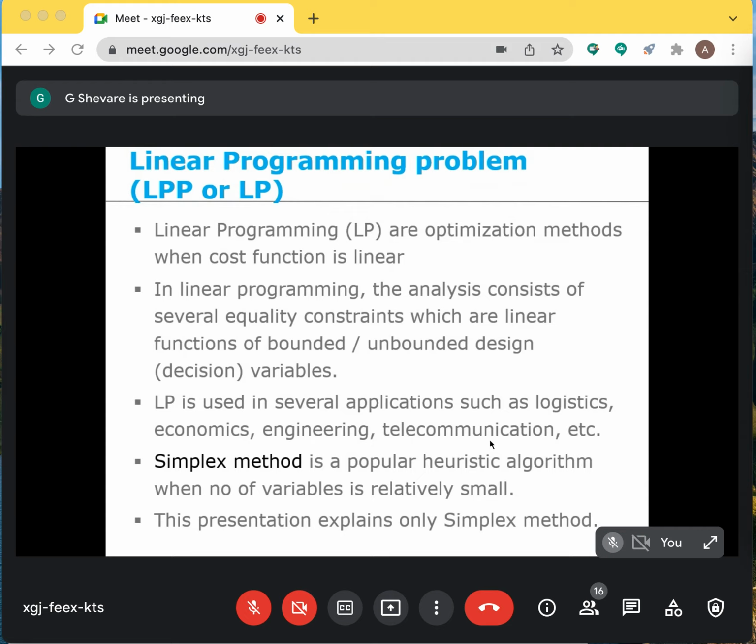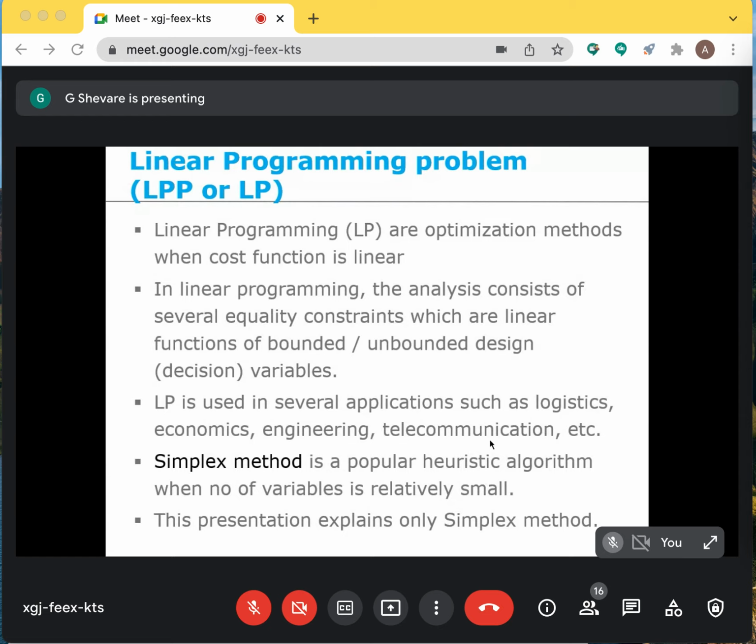What is linear programming? So linear programming is one of the methods where the optimization, or what we want to achieve, what we want to optimize, is written down as a linear function of design variables.